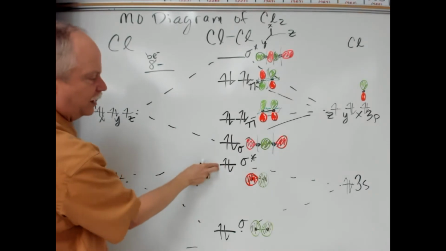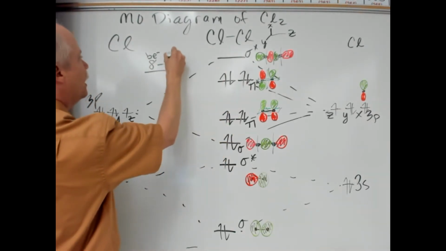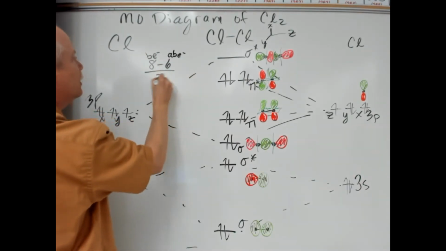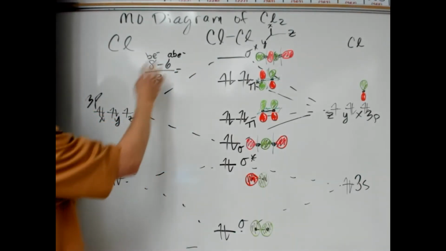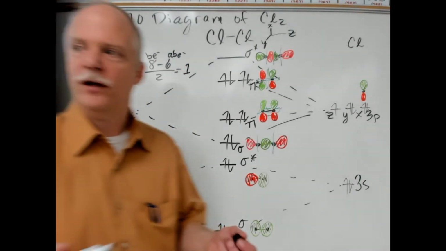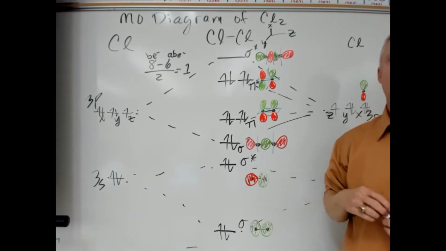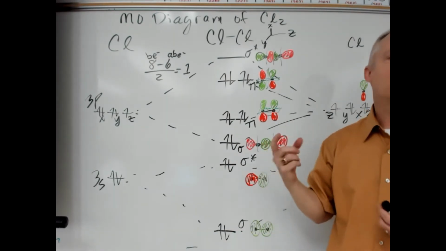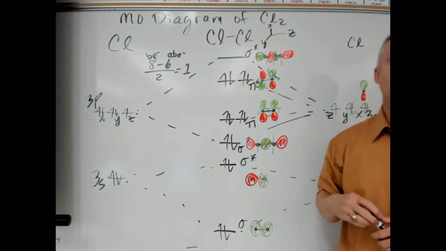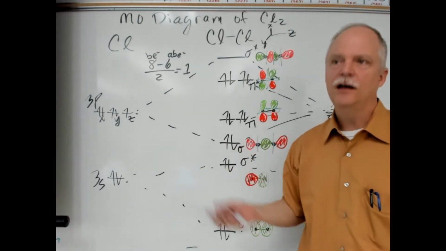And then I have 2 in the antibonding here, 4, 6. So 6 antibonding electrons. 8 minus 6 is 2, divided by 2, so I have a single bond. And that should match what we see in chlorine as a single bond. It matches the force constant, the bond length, the vibrational frequency, all of those different things that you would expect from a single bond.